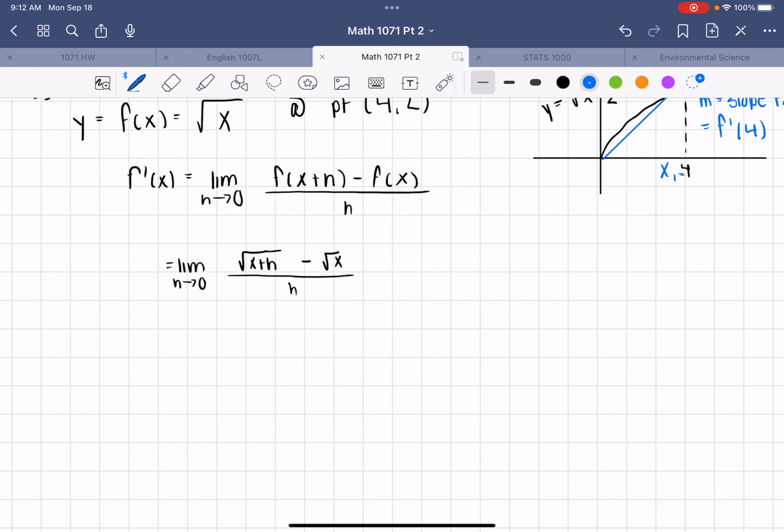I save red to highlight mistakes. What people do is that they do root x plus h, instead of what's here in blue. The black is correct, root of x plus h.